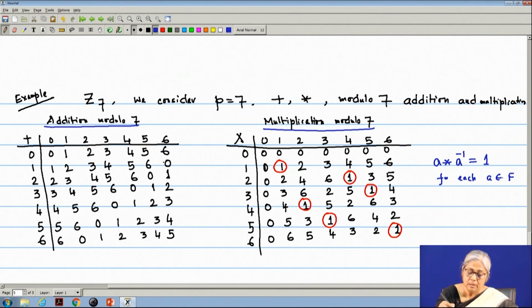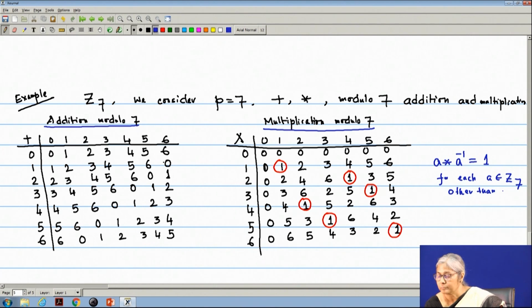Here, I should write that for A belongs to Z7, for each element of Z7 other than 0, I am getting this. So, multiplicative inverse exists.